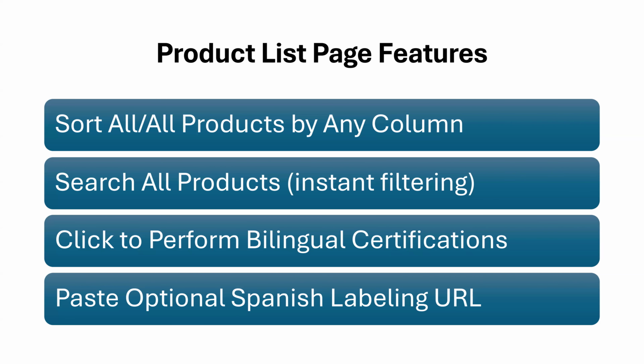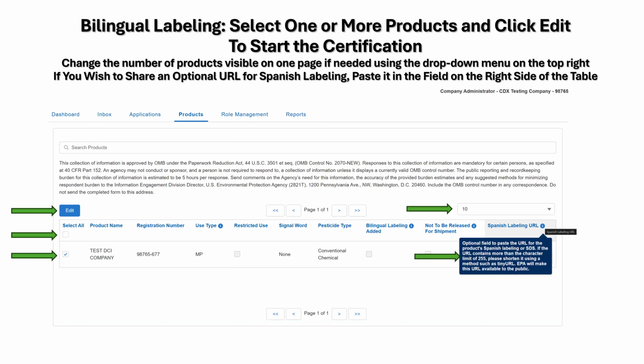And these are all the features that we just went over in the live demo, so I won't go too much over more of it. I did include static images here, highlighting all the places that you can select, especially that Spanish labeling URL tooltip there, and a quick reminder to paste that URL if you do have one that you want to add.